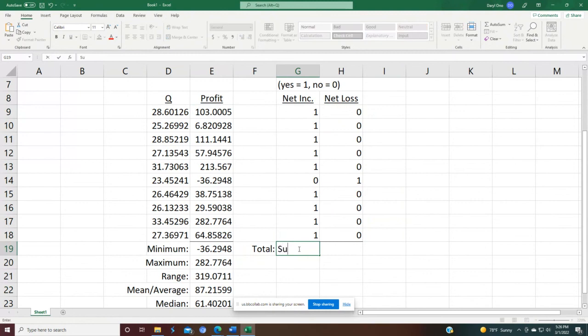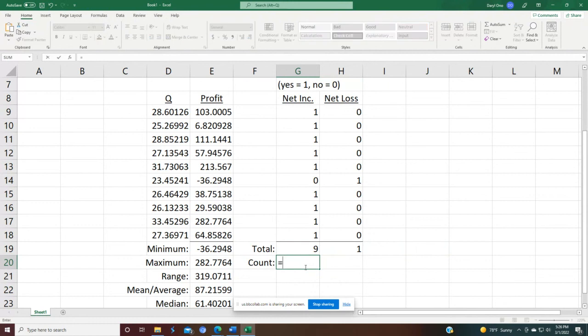Okay, so let's put a total here. Equals sum. 9. One. Okay. We have the count. How many simulations did we run? Okay.